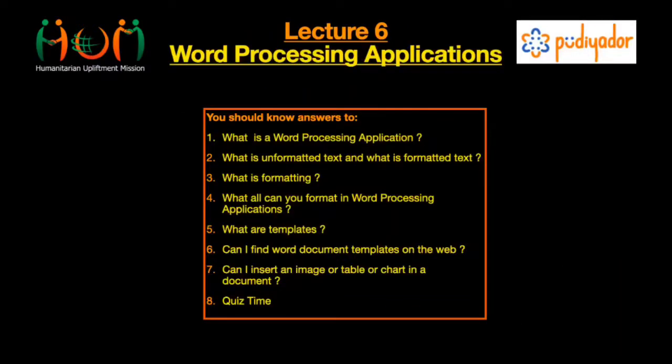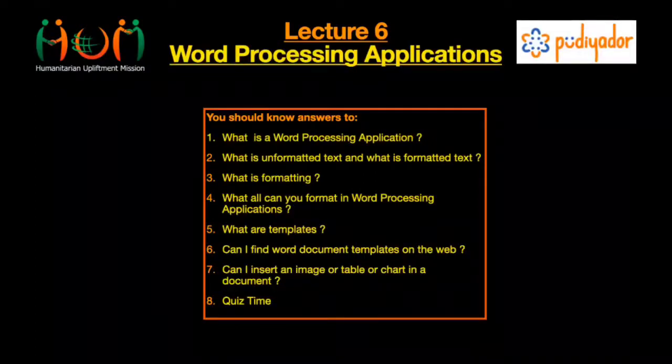So at the end of this class, you should actually be able to answer the question, what is a word processing application? You should also be able to understand what we mean by unformatted text and what is formatted text.